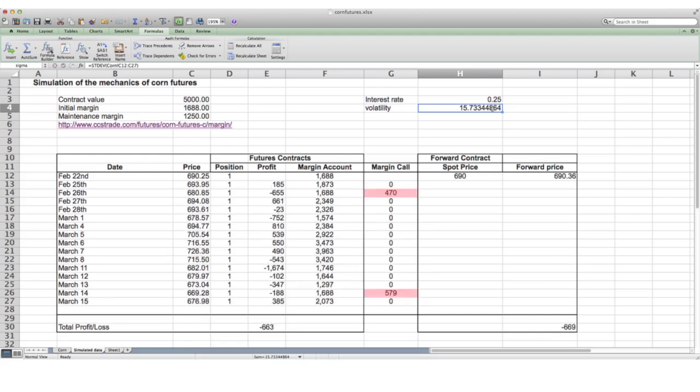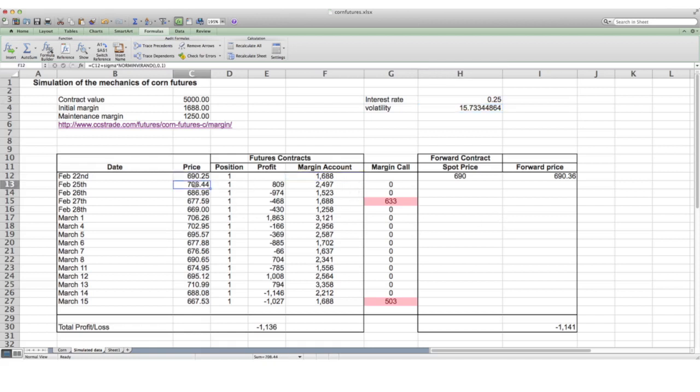In some cases you have margin calls, in some cases you don't, and so on. So let's consider a particular one which has a nice margin call over here, for example. So in this particular case, it starts off with 690.25 with a margin account, makes a profit, the margin account increases, makes a loss, the margin account decreases, but still it's above the 1250 minimum margin, or the maintenance margin, that is required.